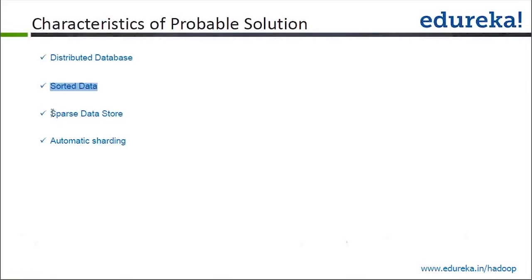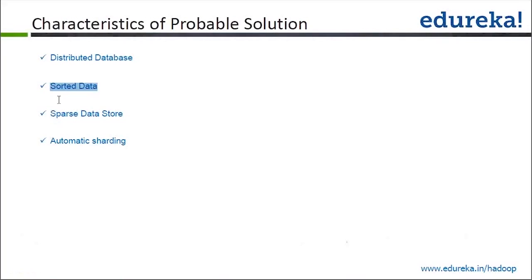And then you have automatic sharding. Your data gets distributed across multiple machines in an automatic fashion, so that solves the problem of horizontal scalability. As you grow, you add more machines, and you will be able to do more read and write operations. Right.